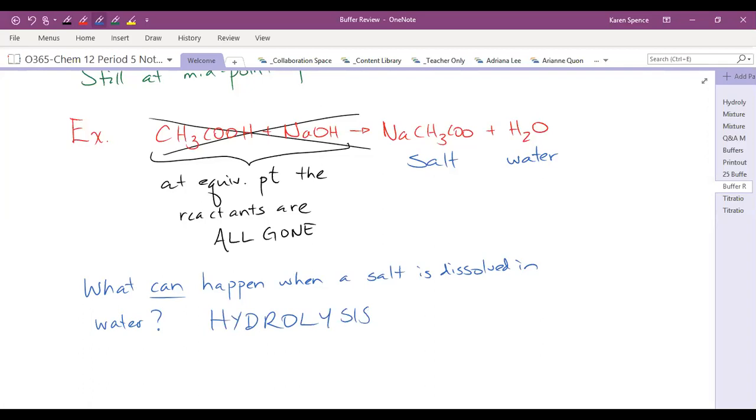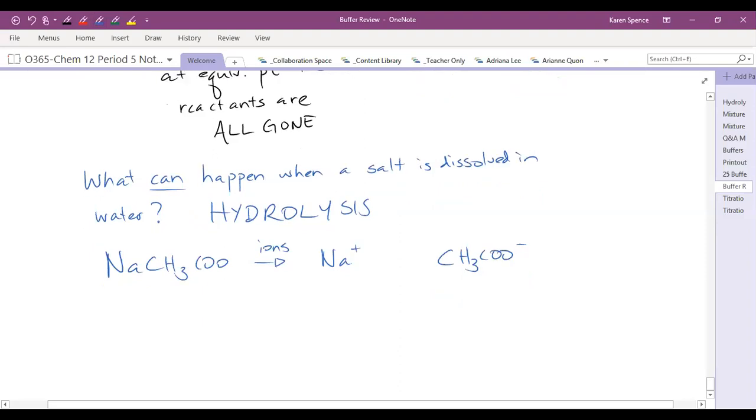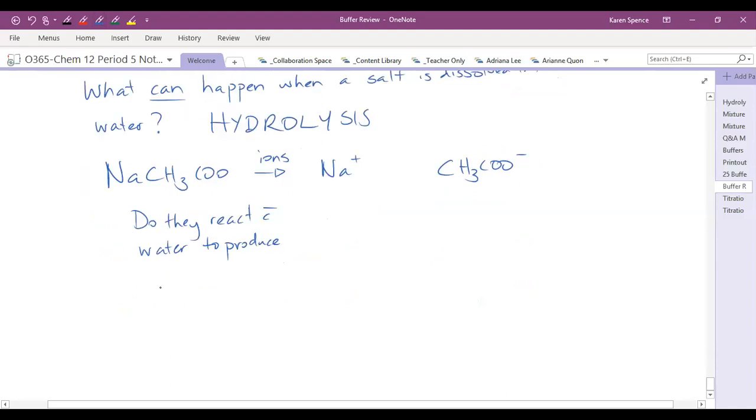But if we look at our salt here, NaCH3COO, we ask ourselves, who are those ions? Well, we have Na+, and we have CH3COO-. Okay, do they hydrolyze? Do they react with water to produce H3O+ or OH-?